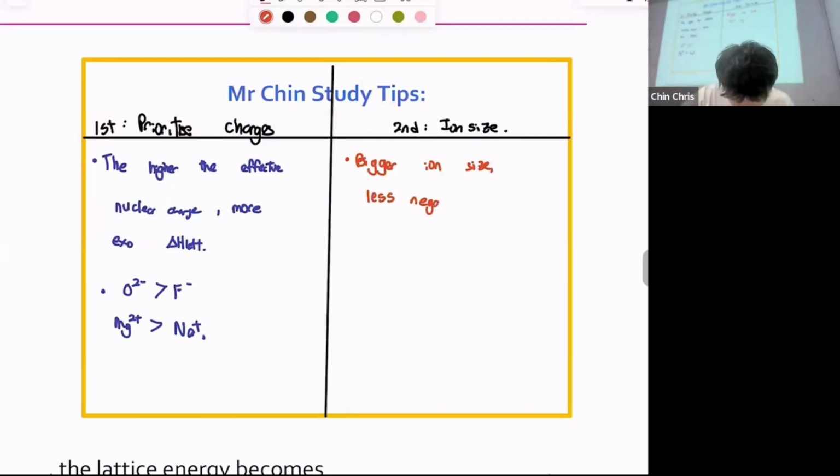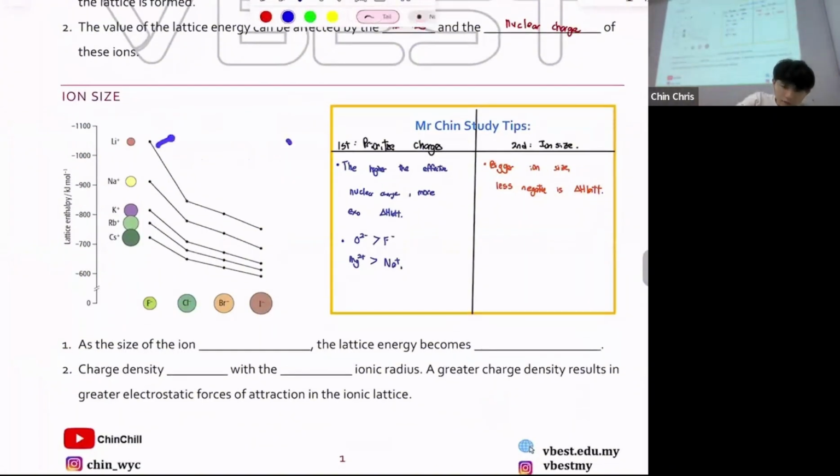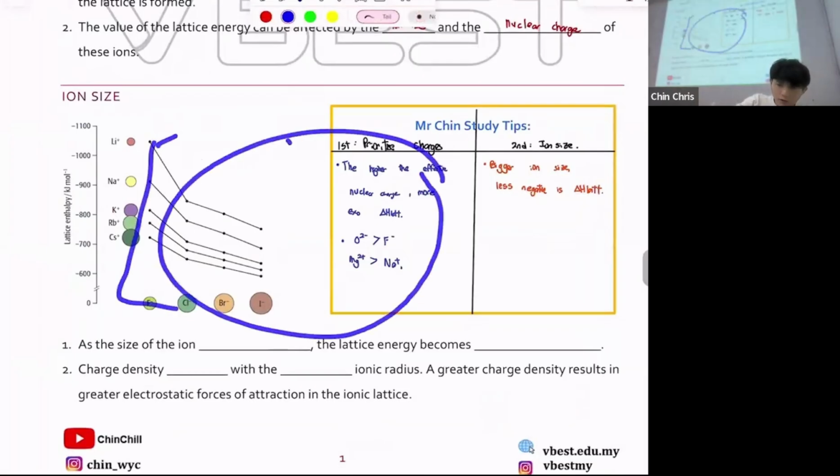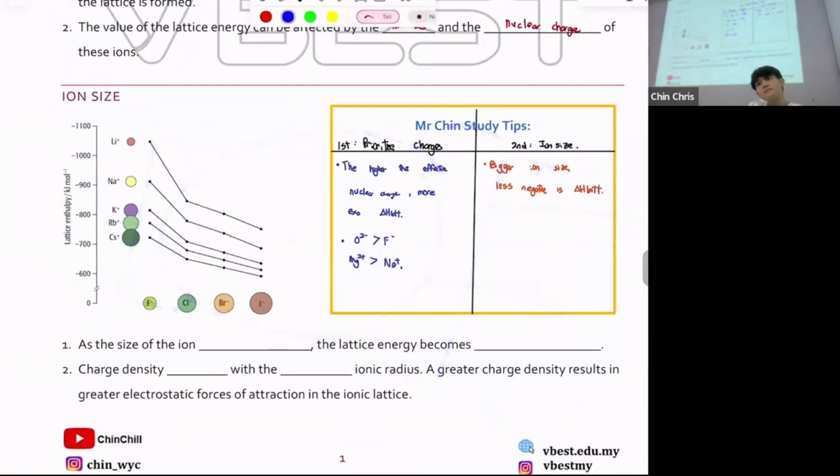The less negative is your delta H lattice. Because if you have a big ion, what happened to the attraction? Is the attraction strong or weak? Weak, right? Which means a weak ionic bond is formed, so it's easier.